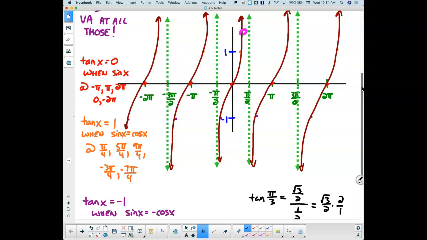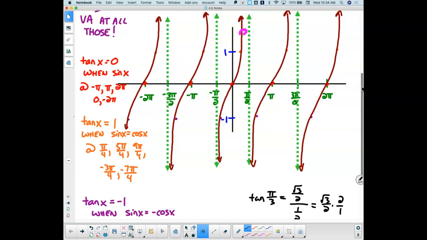Is my purple circle at about 1.7? Yeah. Because it's above 1, right? Yeah. So that is the graph of tangent.